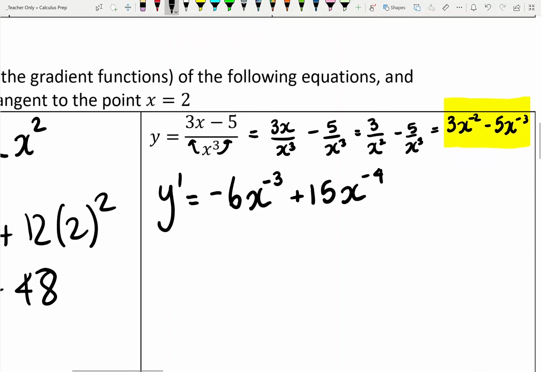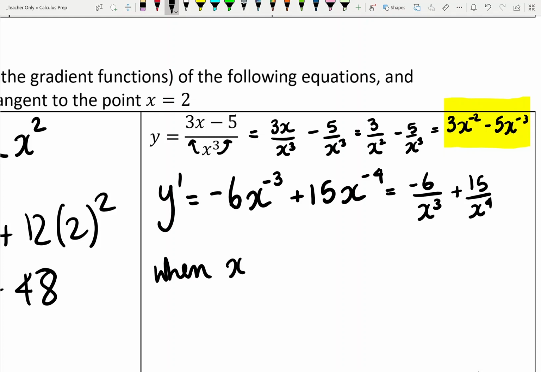You can leave it like that, or you can rewrite it to minus 6 on x cubed plus 15 on x to the power of 4. Then we can let x equal 2.